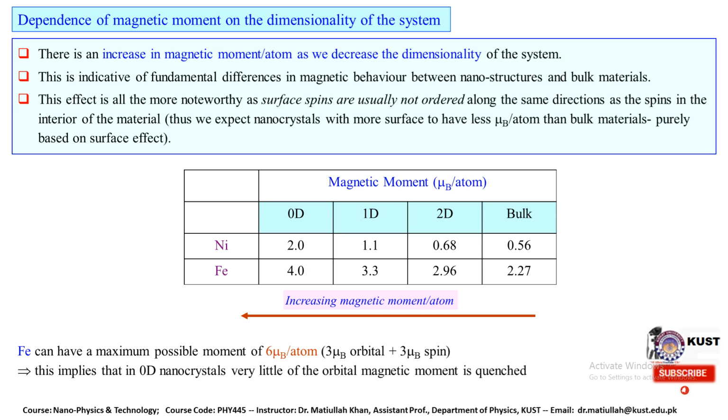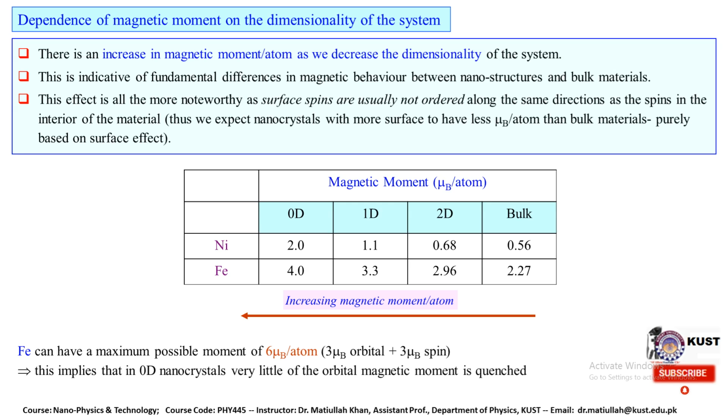There is an increase in magnetic moment per atom as we decrease the dimensionality of the atoms. This is the indicator of fundamental difference in magnetic behavior between nanostructure and bulk materials. This effect is all the more noteworthy as surface spins are usually not ordered along the same direction as the spins in the interior of the material.